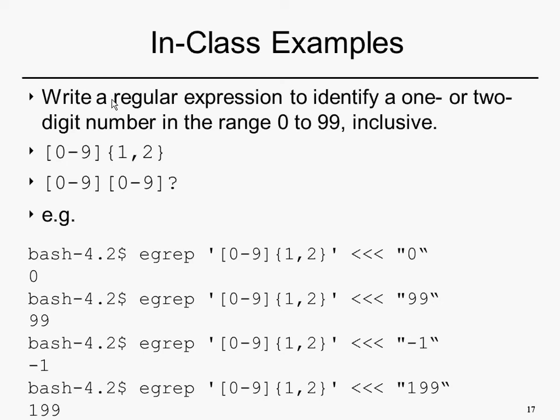The second one does something very similar, but with the question mark operator. So it definitely needs to match the first one. If it matches the second one, that's possible. It may or may not be able to, and that's okay. It's optional.